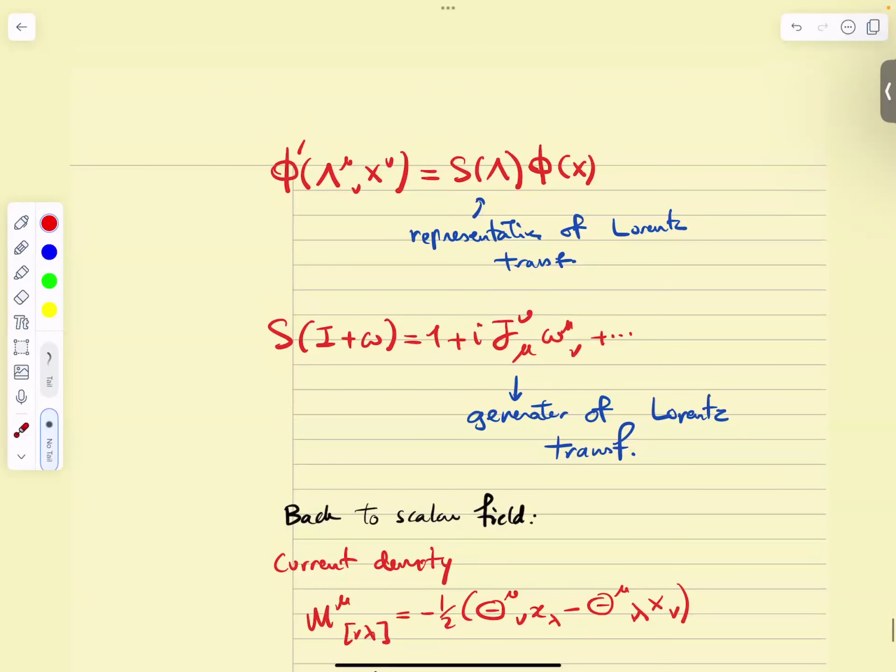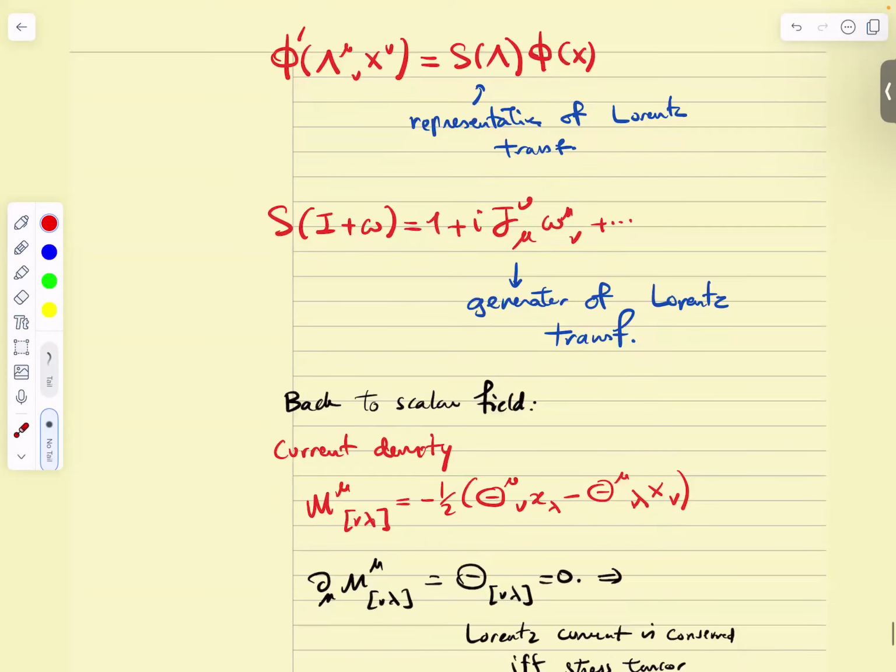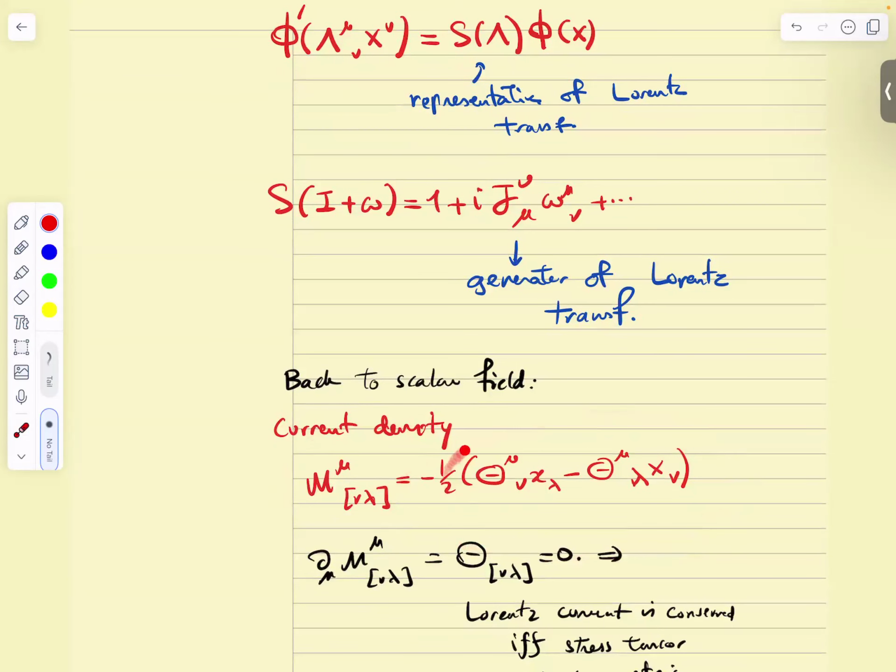All right. Good. So this is supposed to be a symmetry. You could linearize it and get a generator for it, J mu nu. You plug it into the equation for a conserved current and find the conserved current density.